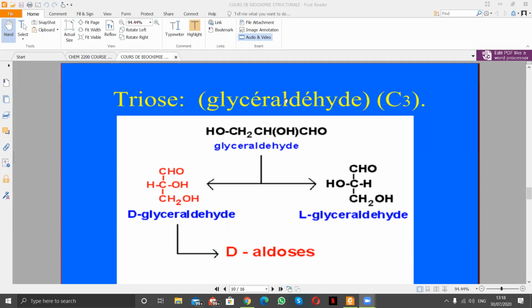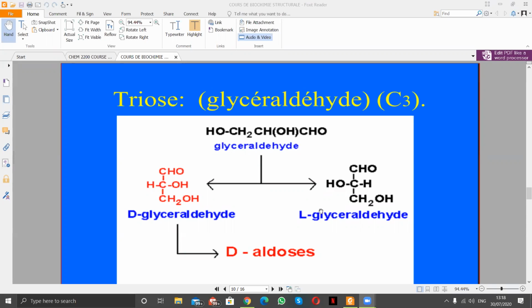We're going to talk about the configuration of the D and L. What normally determines the configuration of the D and L in carbohydrates is the hydroxyl function group.